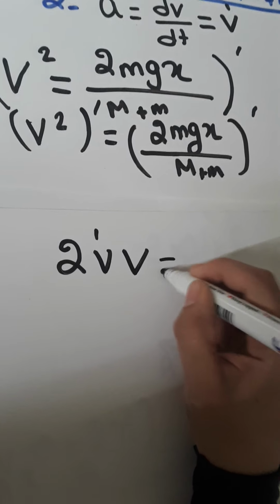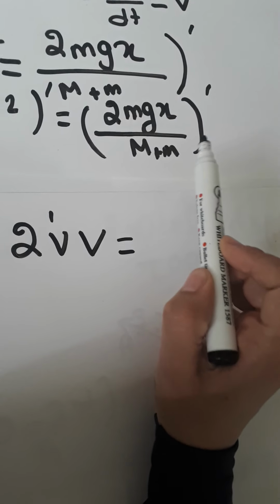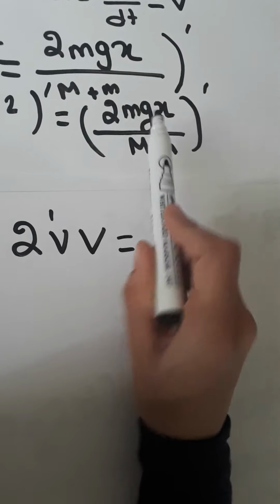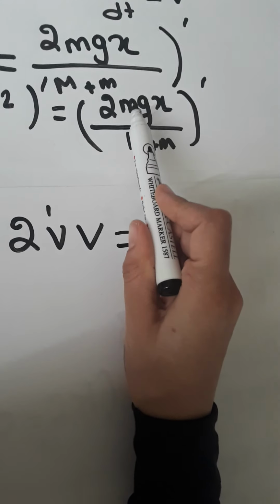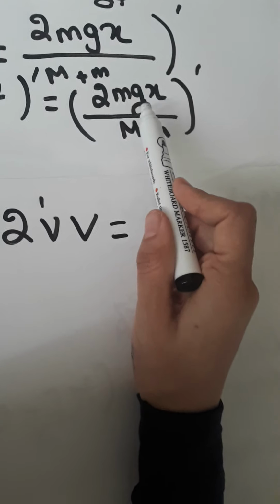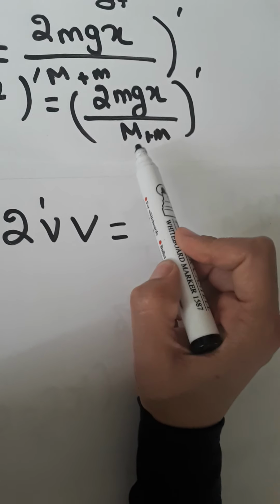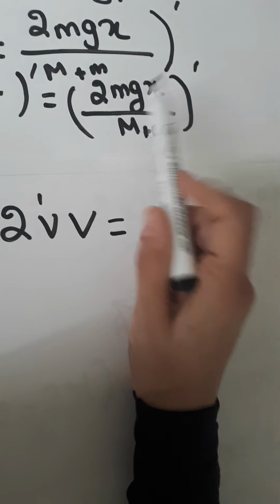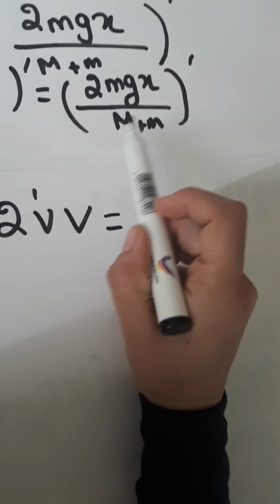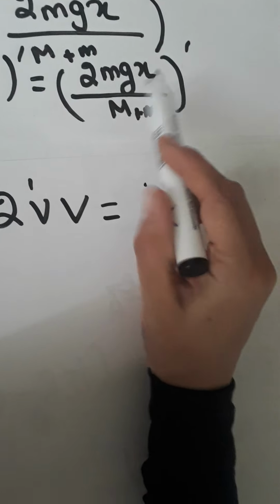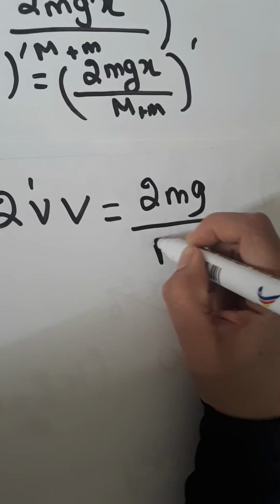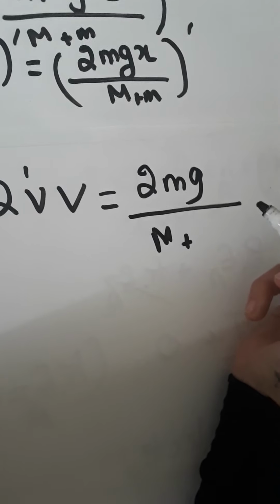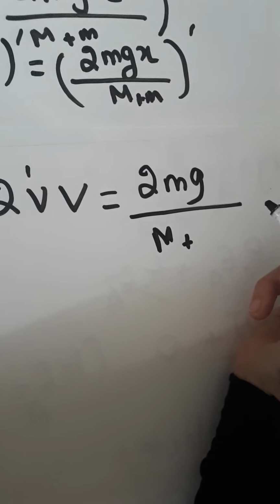Before I decide to derive, I want to ask myself, which term is the variable with respect to time? Can I derive the mass or the g? The g is a constant number, and so is M plus m. I can derive them, but the derivative of them is 0. So I will put the constant aside, as you do in math. For example, the derivative of 2x is 2.